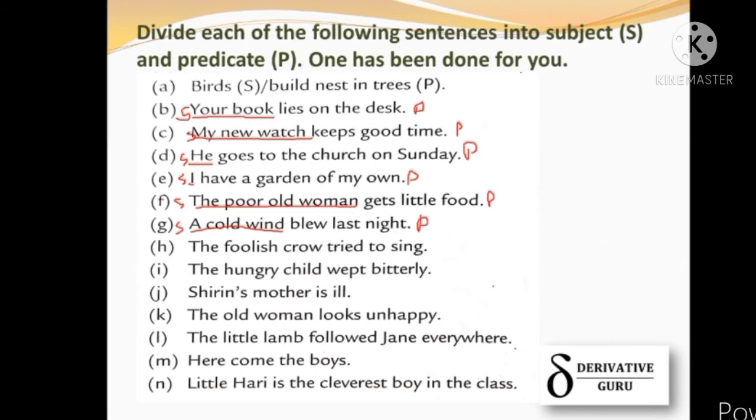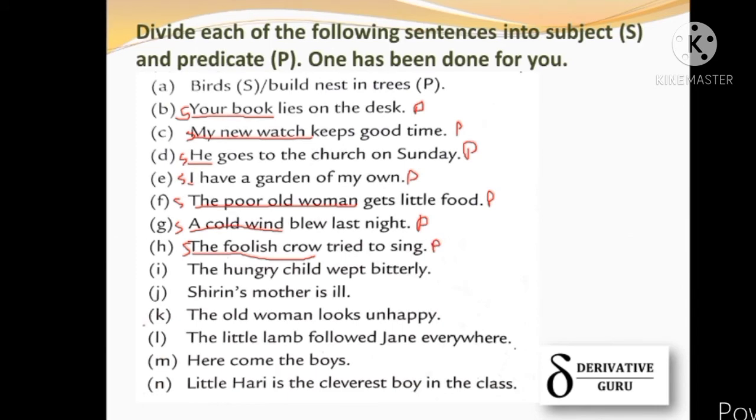The foolish crow tried to sing. So you are talking about the foolish crow. So this becomes the subject and tried to sing is the predicate. The hungry child wept bitterly. So you are talking about the hungry child.